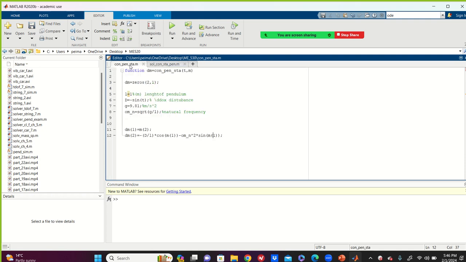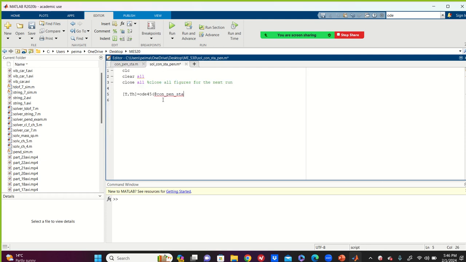This is the M file we saved from the previous class. Go and call this. Again, these two must be in one folder. If they're in different folders, it's going to give you a syntax error.